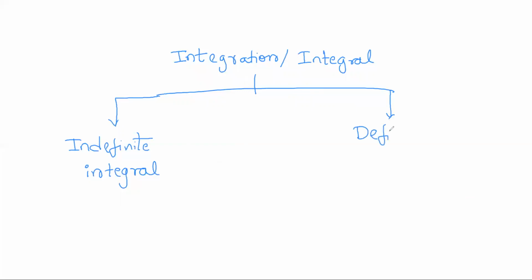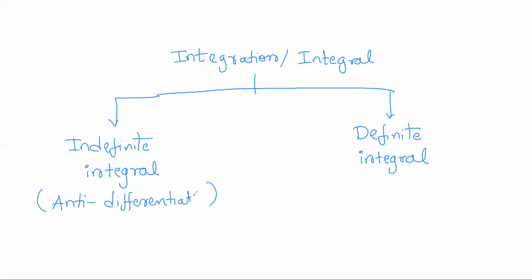The other is definite integral. The indefinite integral is simply the opposite process of differentiation. Hence it is also called anti-differentiation. It is merely the opposite process of differentiation.